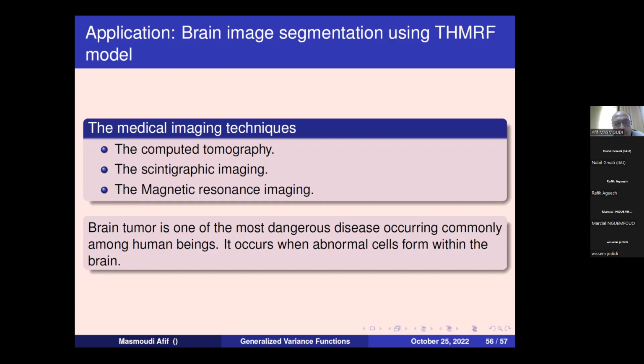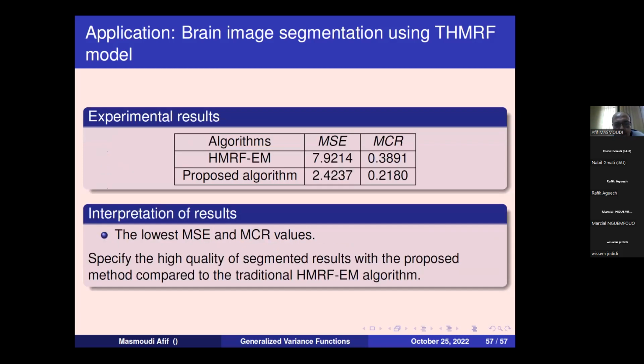Brain tumor is one of the most dangerous diseases. Here are the experimental results: the mean squared error for the proposed algorithm is equal to 2.4, while for the classical HMRF-EM algorithm the mean squared error is around 7.9.